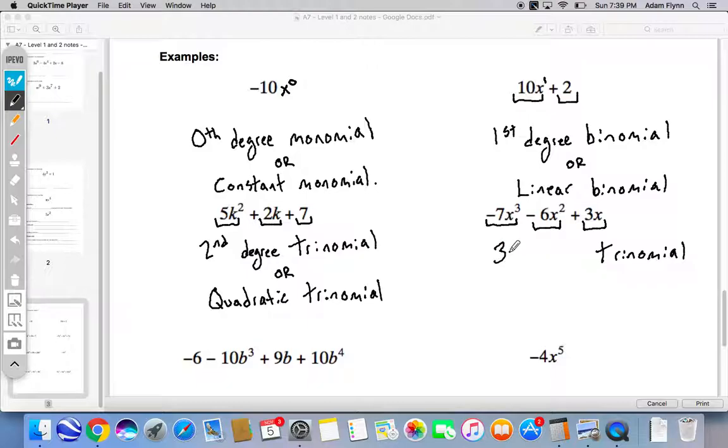So we could say this is a third degree trinomial. We won't deal with a whole lot of these types of equations in Algebra 2. It's more of a pre-calc topic, but we will deal with some. We'll learn that this is called a cubic equation. So this could be described as a cubic trinomial. Pause the video if you need more time.